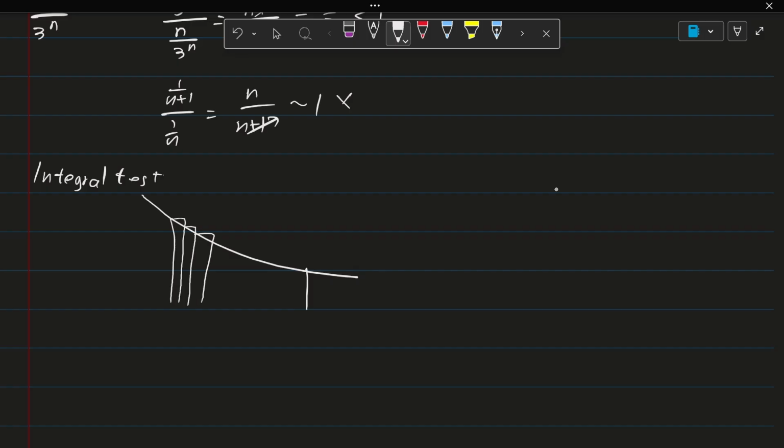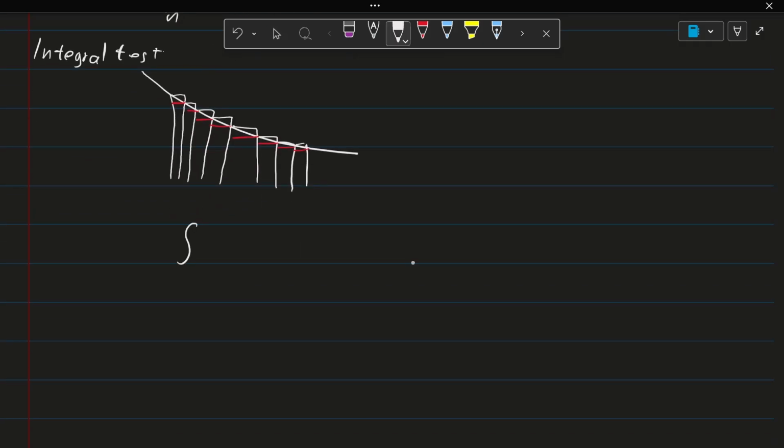So there's always overhangs, like so. Or you could be measuring its unders, something like this. There you go. So you could see that the sums are bounded.